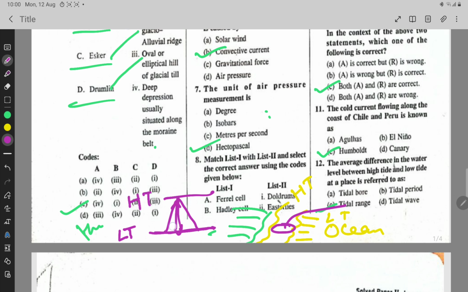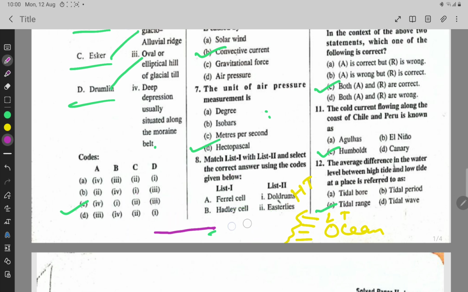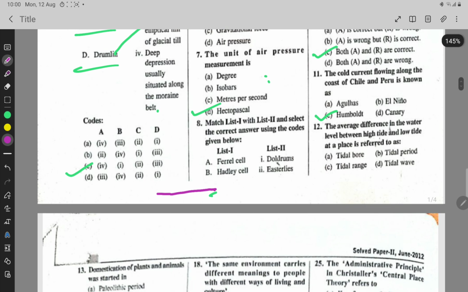So this difference in level of water is known as tidal bore. So C is the correct option here.